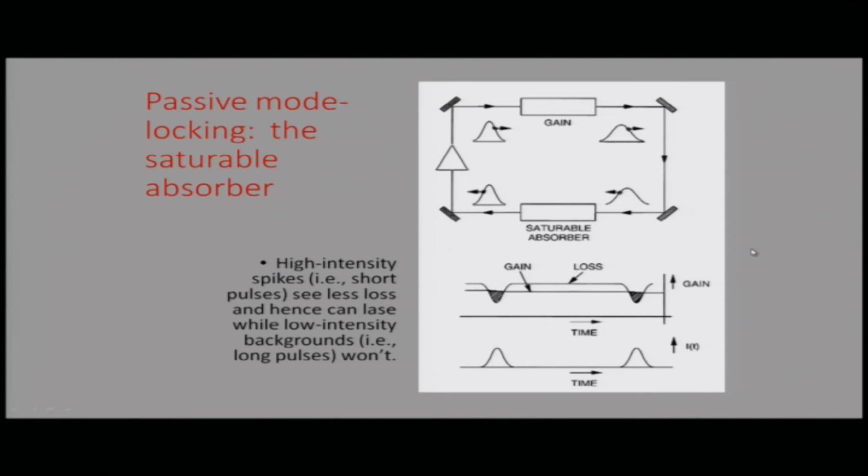Again, looking at passive mode locking, whenever we have high intensity spikes, because of this principle only high intensity light can go through.